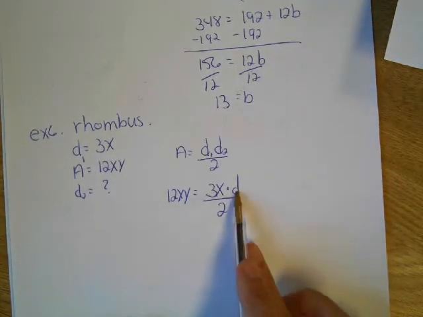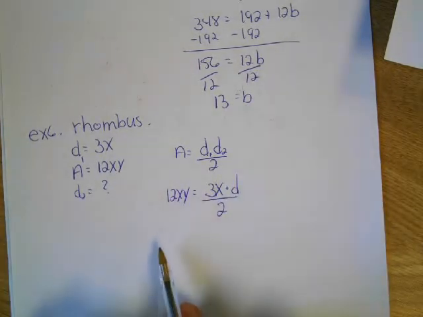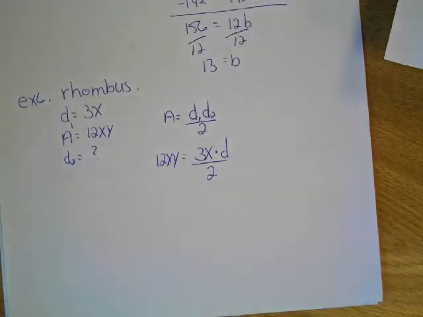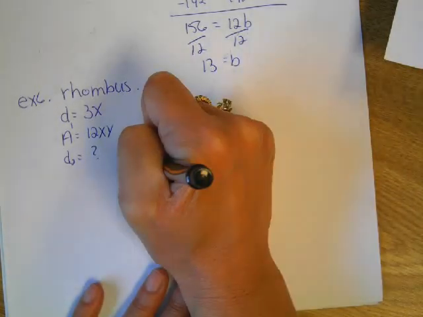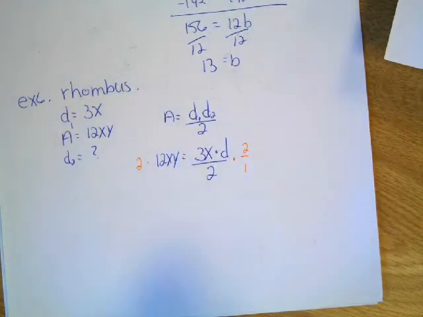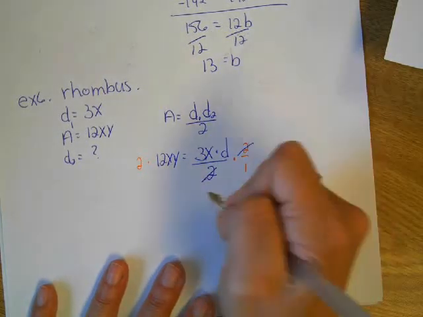And now our goal is to solve for the diagonal, not the x. So we'll have x and y in our answer. So again, fractions, get rid of it. Easy first step, times by 2. Cancels that out on the left, gone.